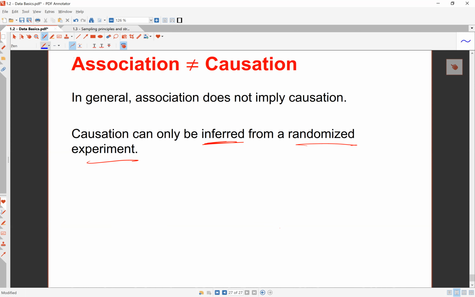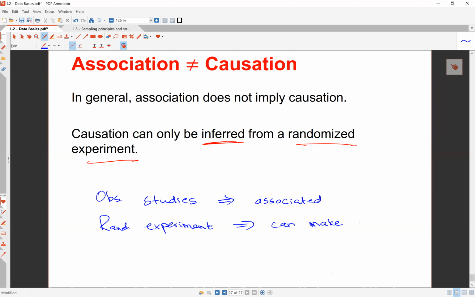So in observational studies, all we can say is that the variables are associated. In a randomized experiment, we can make causal statements.